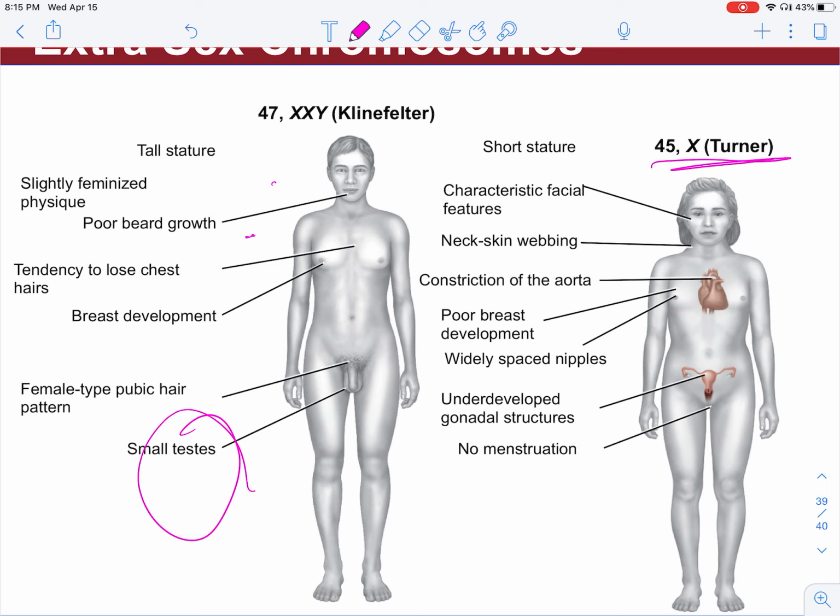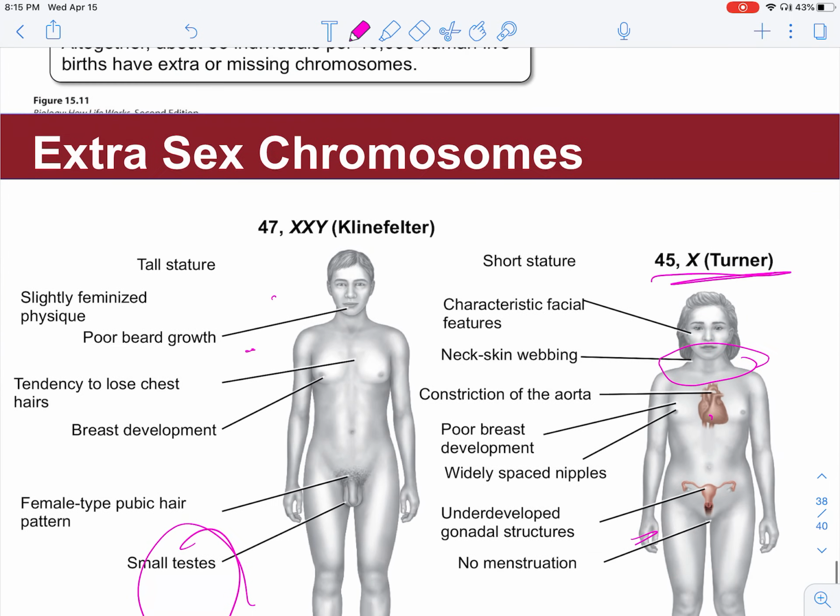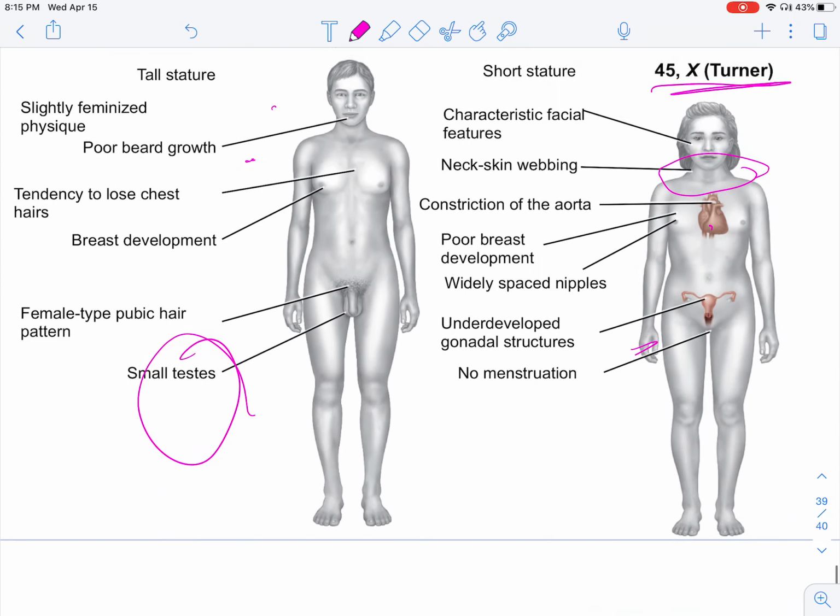Turner syndrome involves short stature, thick neck, heart issues, and underdeveloped sex structures as well. So these humans are viable, but still have some effects of the non-disjunction events.